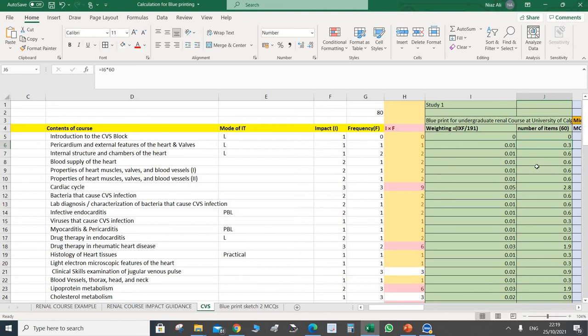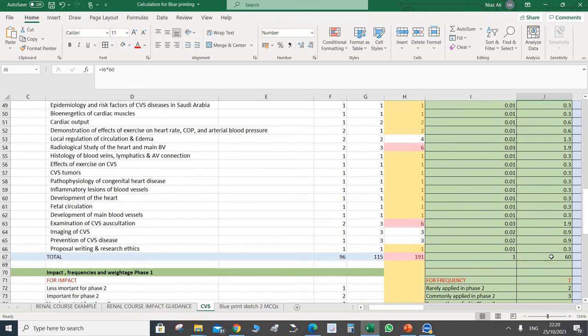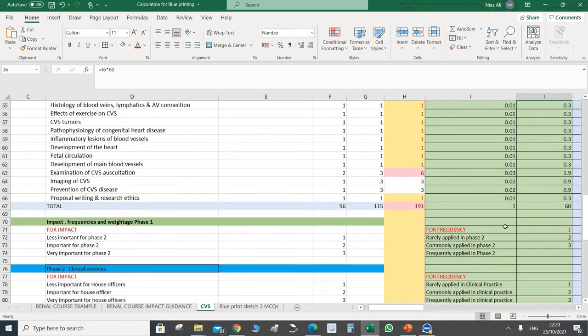So as a rule of thumb, 50 to 60 MCQs are required for an MCQ-based exam, especially for a targeted discriminating index of 0.3. When you multiply this weightage with the 60 multiple choice questions that we have, you will get the relative item values and numbers. These numbers will then determine the multiple choice questions, and the total number of multiple choice questions here will be 60.